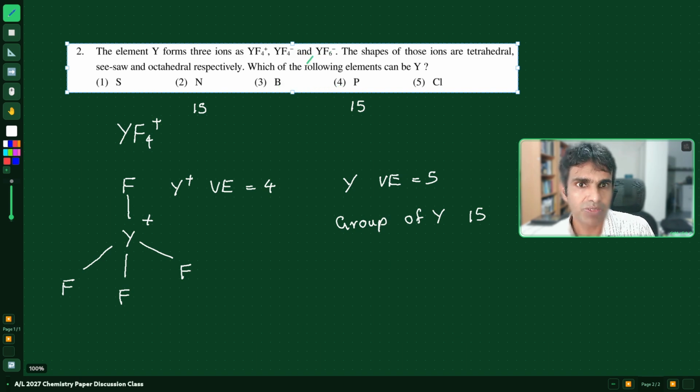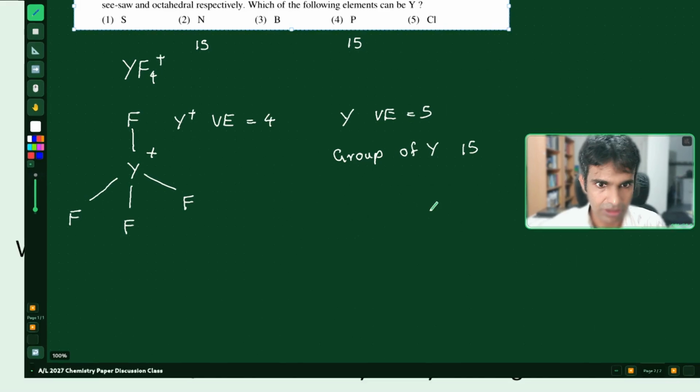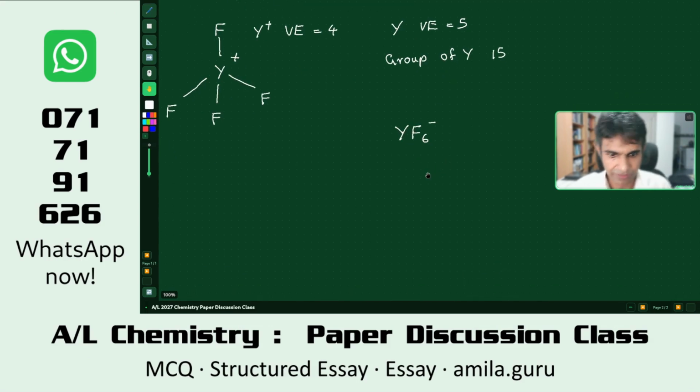Then we can move to the next ion. Let's consider YF6 minus ion. So the shape is octahedral.